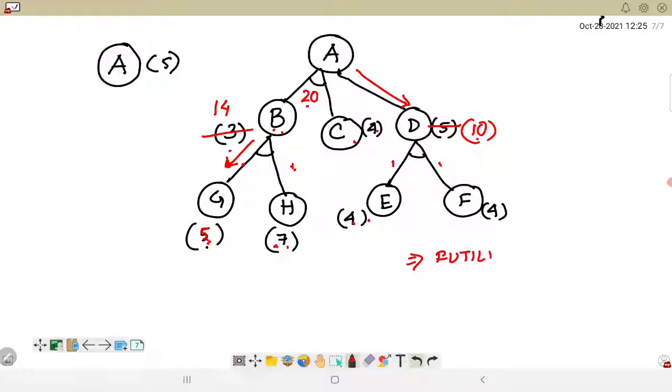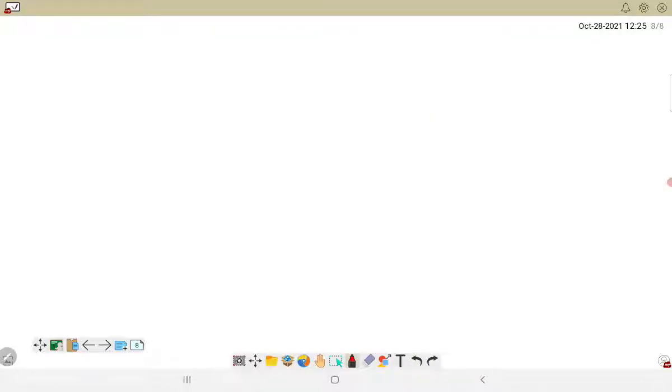If I'm associating a futility value also here, we will examine that futility value and consider whether the search is futile or not. Now considering the algorithm of this search, if we have to write down the algorithm of problem reduction, let me write it down in very brief.